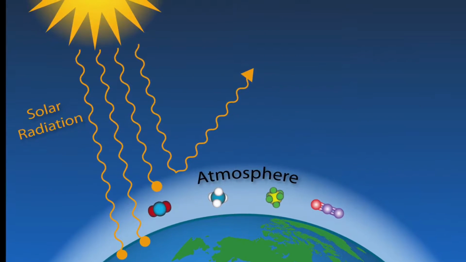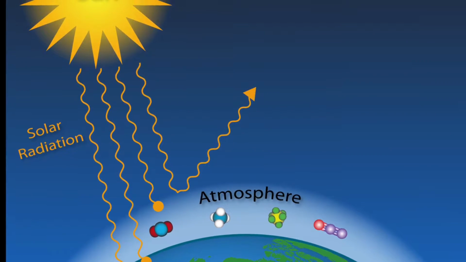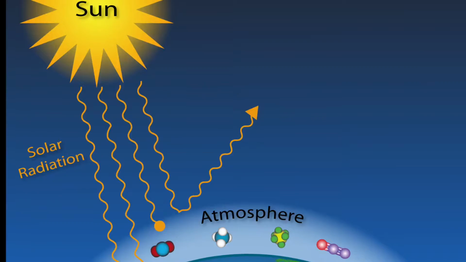So, what are the factors of global warming? The major factor of global warming is the greenhouse effect. As mentioned earlier, the greenhouse effect takes place due to the emission of greenhouse gases.